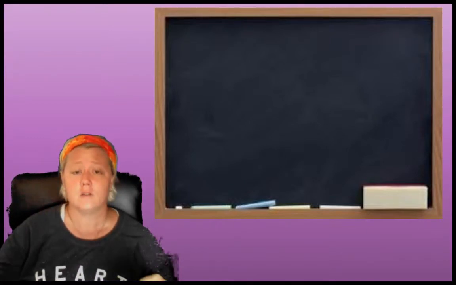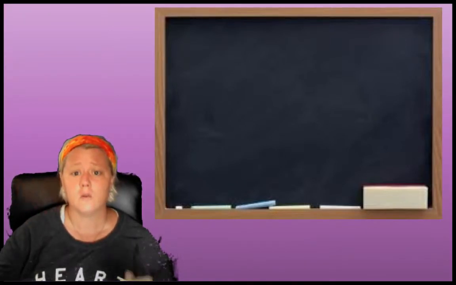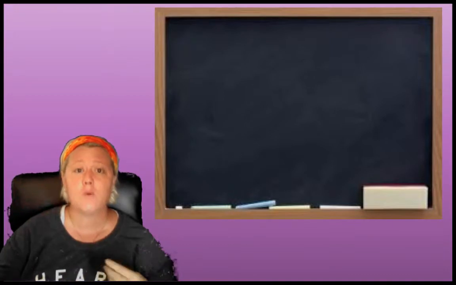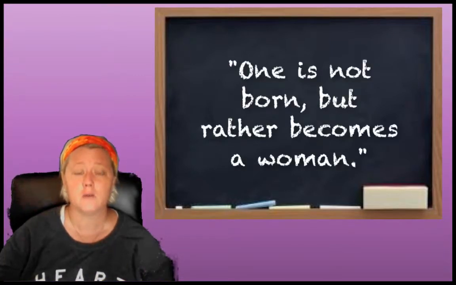Here you have the introduction to The Second Sex, where Beauvoir is trying to help us to see that one is not born a woman, but rather one becomes a woman.